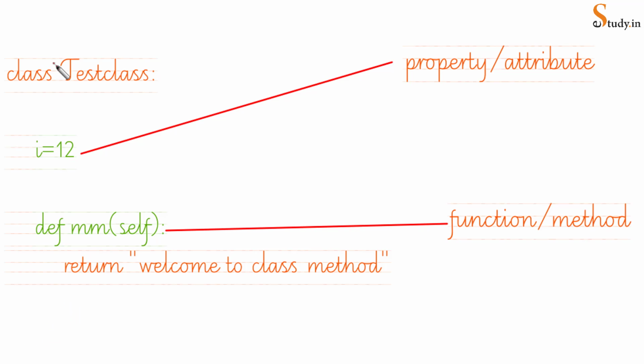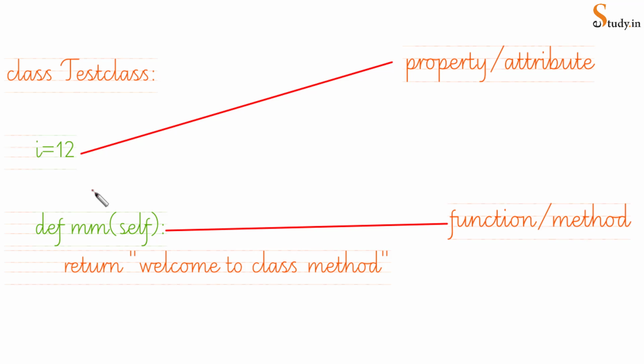As we understood, a class is basically a specification, a blueprint. Objects will come out of the class, having the properties and the functions, so we need to define some properties and some functions within the class. Here i is the property or the attribute, and the other is the function.